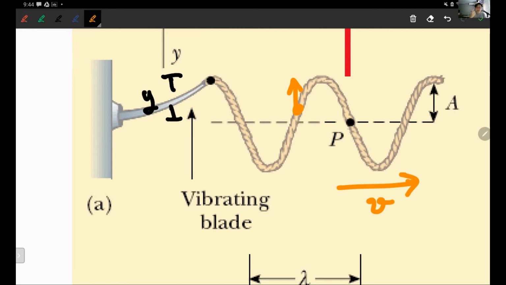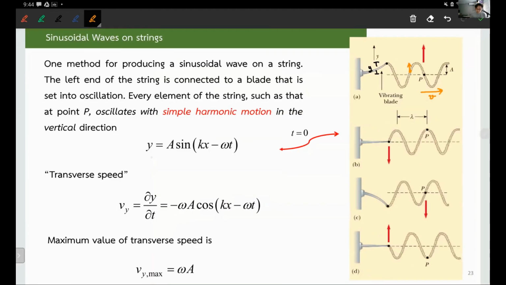What is its velocity? What is its displacement, and so on. You can start from this, because y is the displacement, right? So you can get the velocity by doing the derivative of the displacement or the position. That's it.